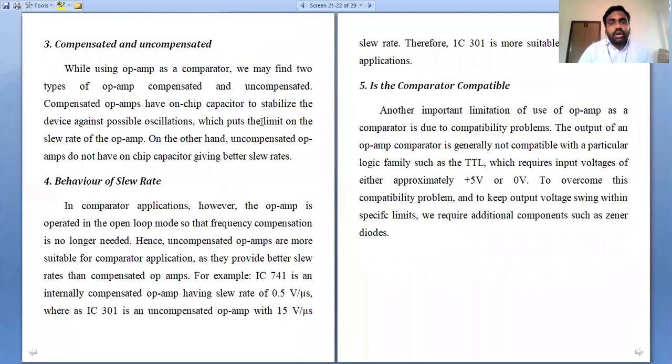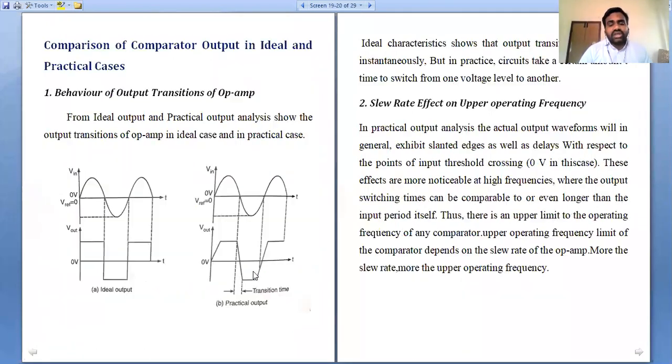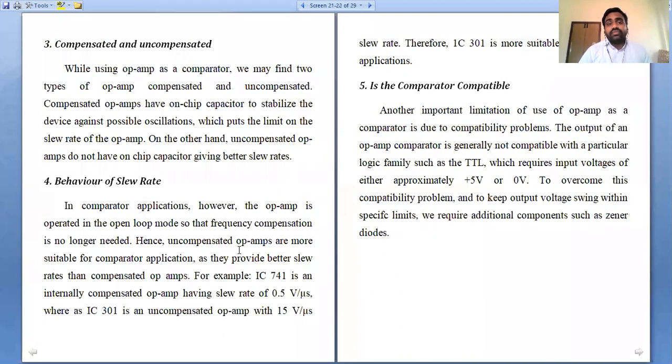So how can we eliminate this type of transition drift? If we compensate the comparator by using an on-chip capacitor, we stabilize the device against all possible odd oscillations. So what is the difference between a compensated and an uncompensated comparator?